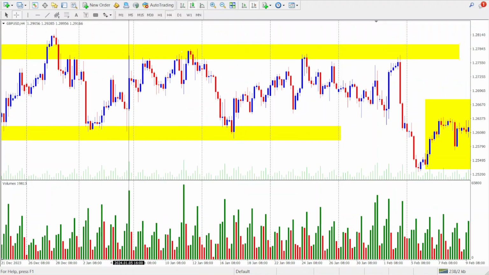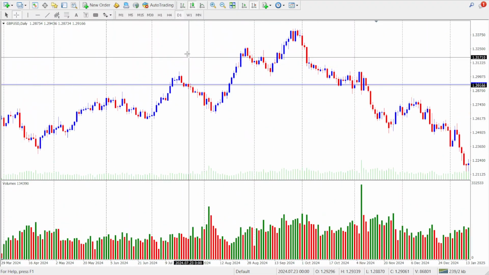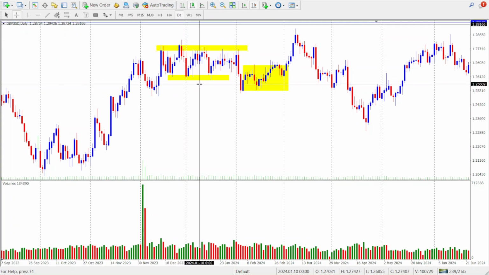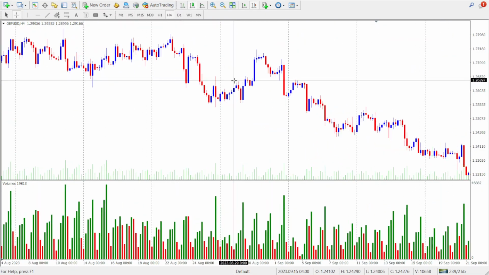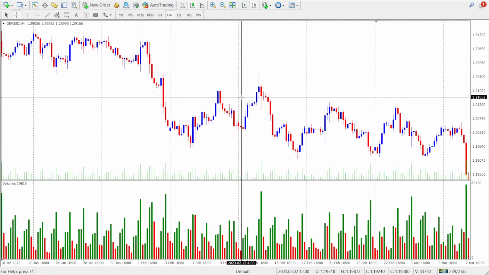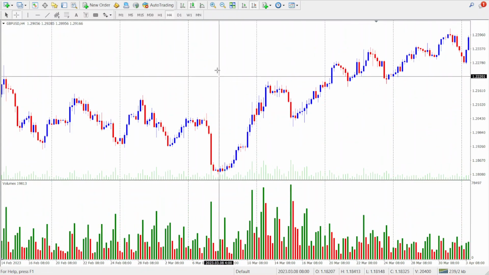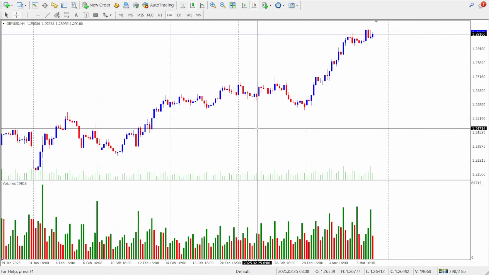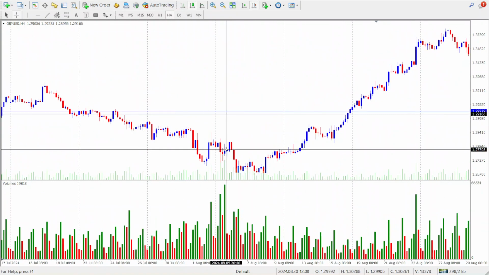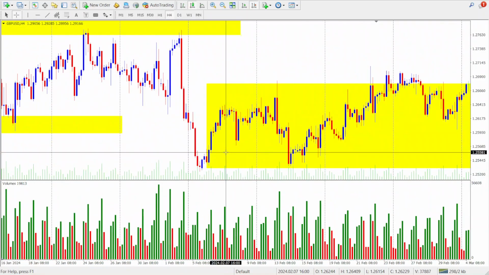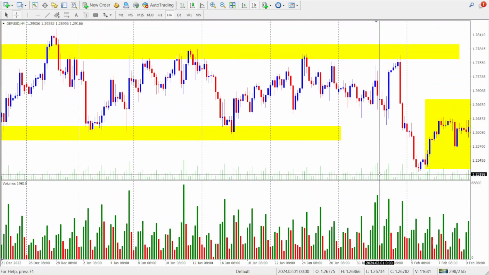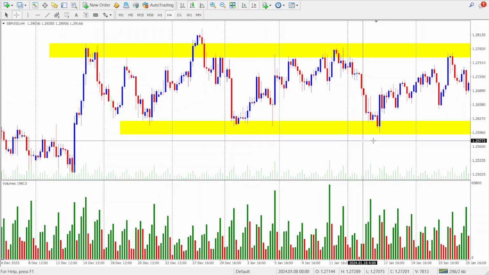You can move across time frames to ensure that those zones remain valid across those time frames, especially higher time frames. Avoid weak zones with slow price action. When you notice slow price action, you might just want to avoid such zones entirely. Look for candlestick confirmations before entering a trade. It's very important. By following these steps, you'll be able to quickly identify and trade supply and demand zones like a pro.